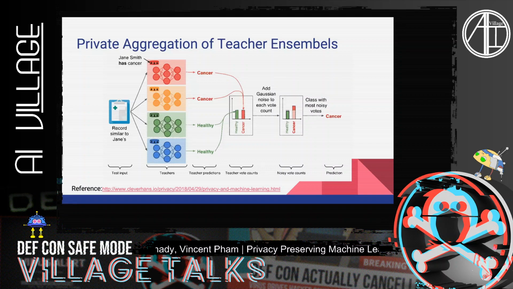The important thing is that whatever the output is, for example, in this case cancer, the adversary cannot correlate it back to the training data. Even if we have the value healthy here, by the noise injection, these might also generate the value cancer. So we don't really know if Jane Smith is the cause of generating the result cancer, or if someone similar to Jane Smith in this training data set is contributing to that result.